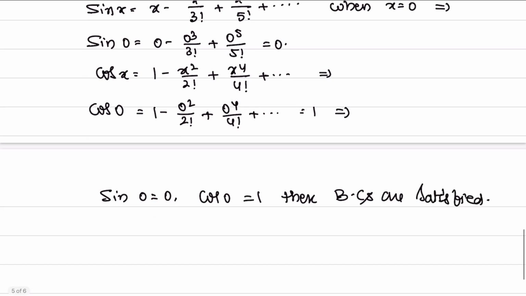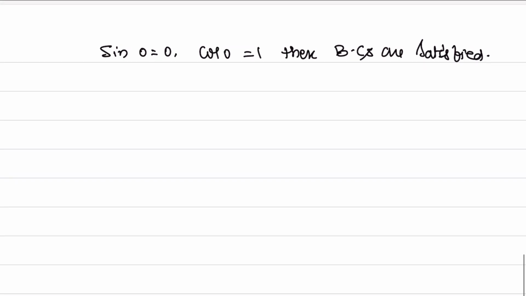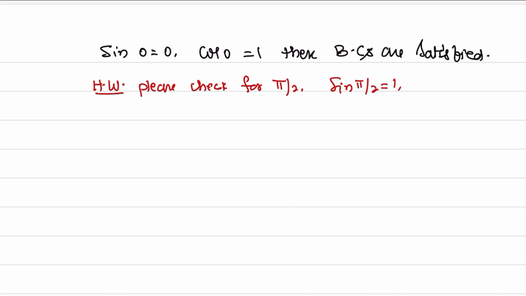For the series that we have written, as homework, please check for pi by 2. Sin pi by 2 is equal to 1, the real values. Cos pi by 2 is equal to 0.